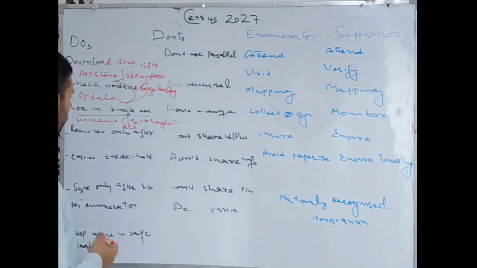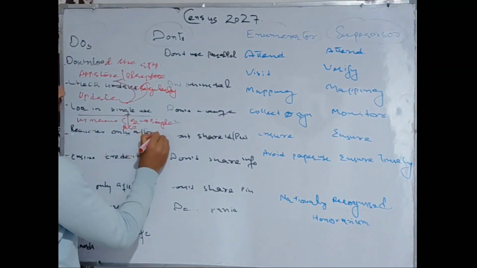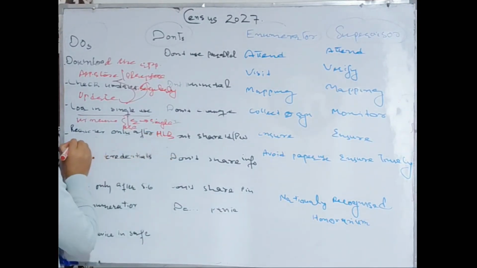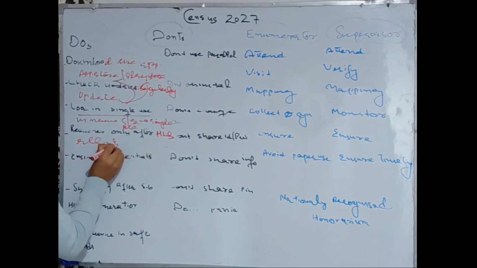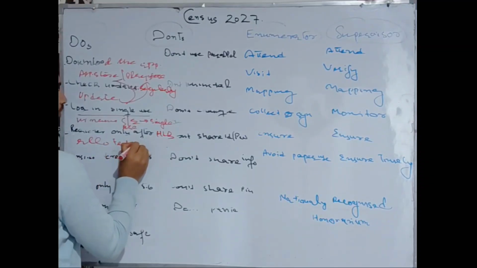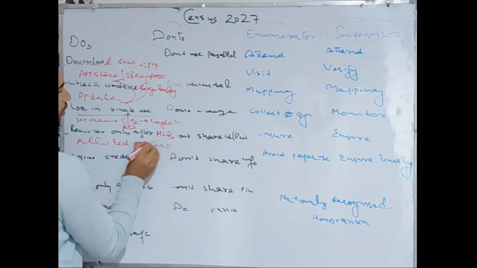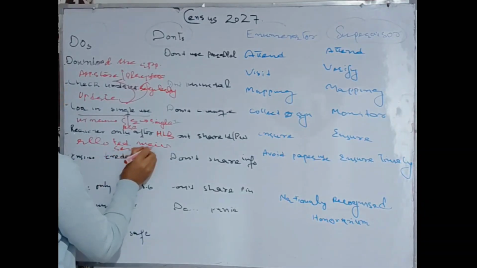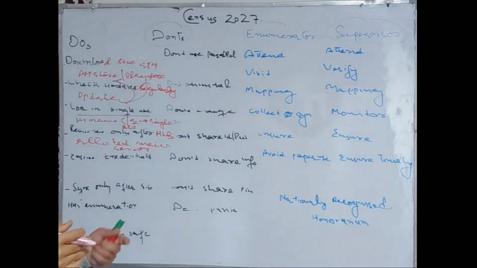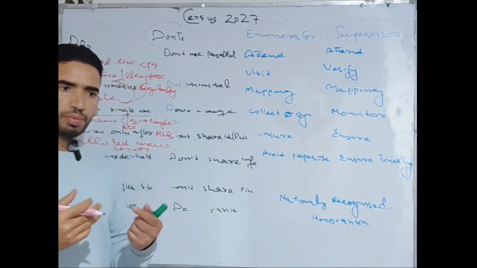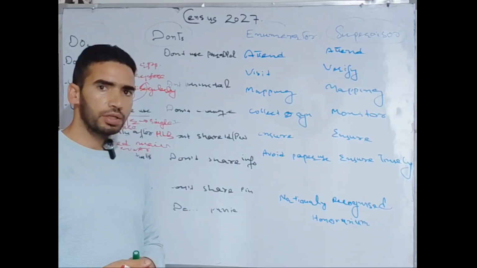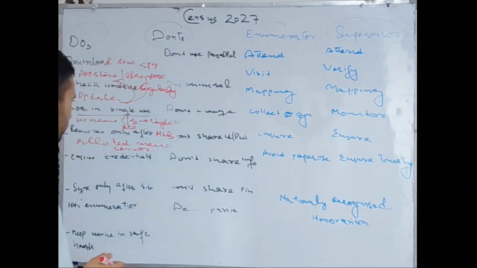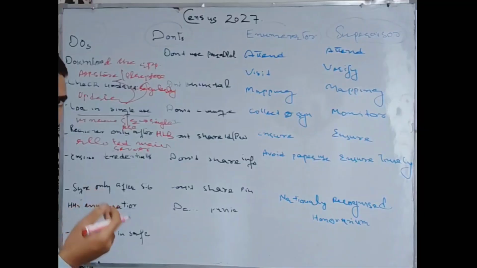Next thing is you have to register yourself only after your HLB has been allotted to you from the main server. Once your HLB has been allotted to you from the main server, from the concerned quarters, then and only then you have to register yourself as an enumerator or a supervisor.